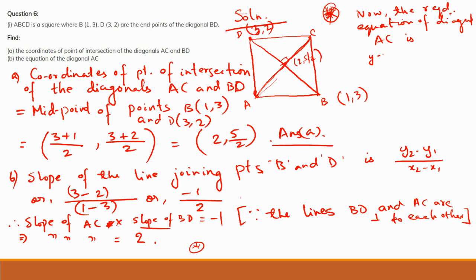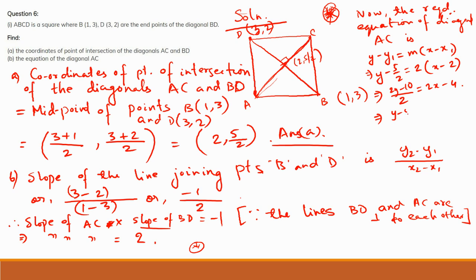is y minus y1 equals m times x minus x1, right? Or y minus y1 is 5 by 2, m is 2, x minus x1 is 2. So basically what you will get is 2y minus 10 equals 2x minus 4. Yeah, I see I made a mistake here.